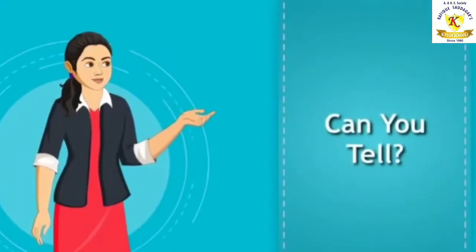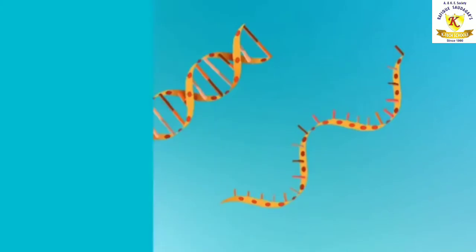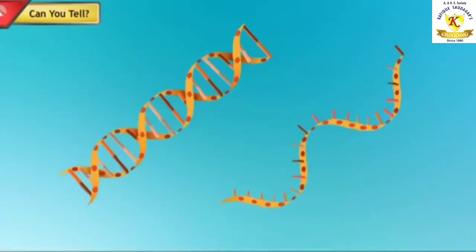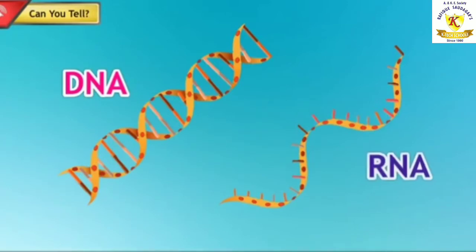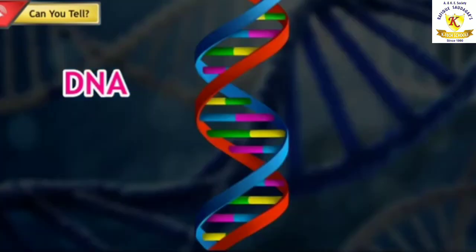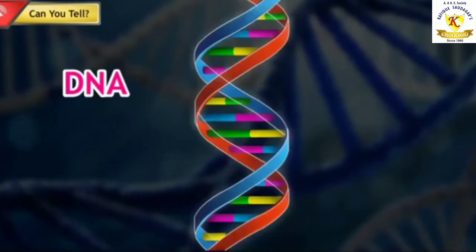Now, children, we need to sketch and explain the structure of DNA and various types of RNA. Let's start with DNA. DNA molecule is a double helix consisting of two strands.